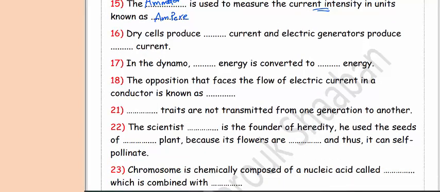Okay. Question number 16. Dry cells produce what current and electric generators produce what current?